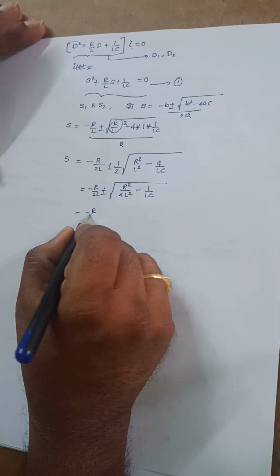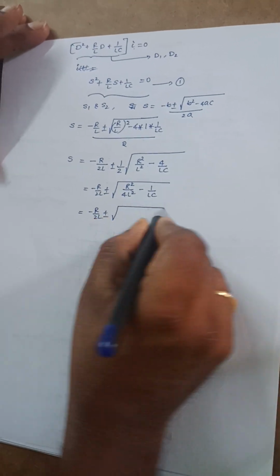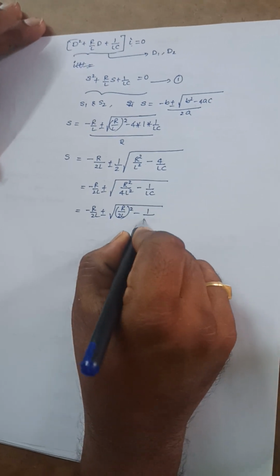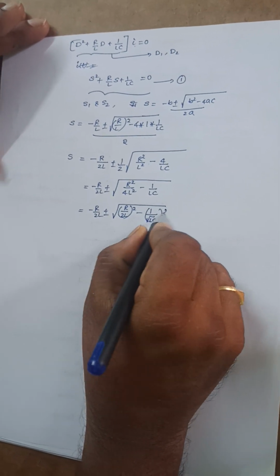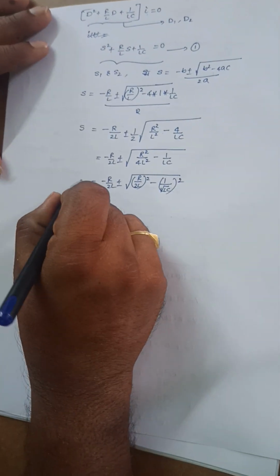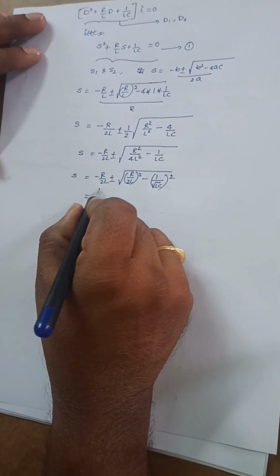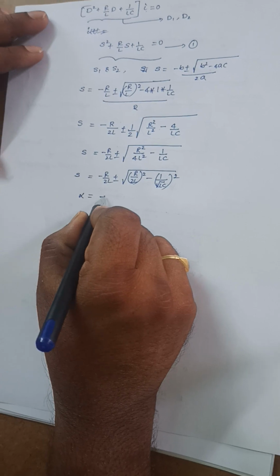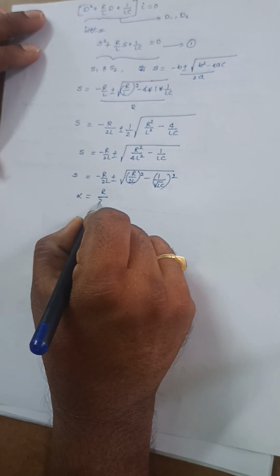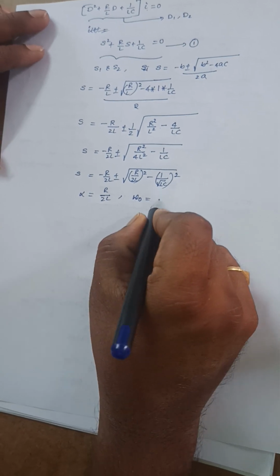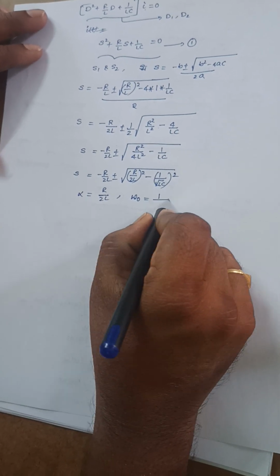This is equal to minus R by 2L plus or minus square root of R by 2L whole square minus 1 by root LC whole square. So these are the roots here. Let us assume alpha is equal to R by 2L and omega naught, you know that it is 1 by root LC.